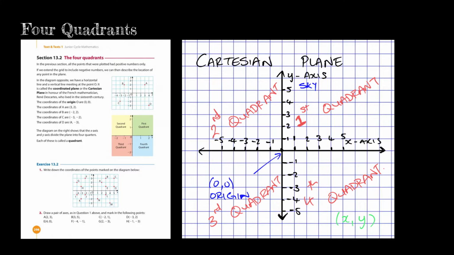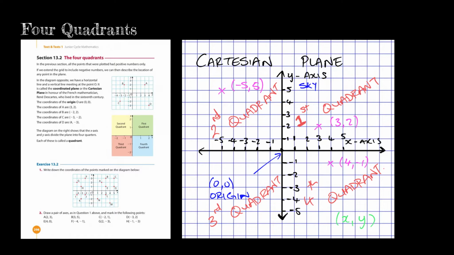So just as a recap, if I was to label this point here, that point would be 4, -1. If I was to label this point here, that point would be 3 and 2. If I was to label this point here, that point would be, my x value is -5, my y value is +5.